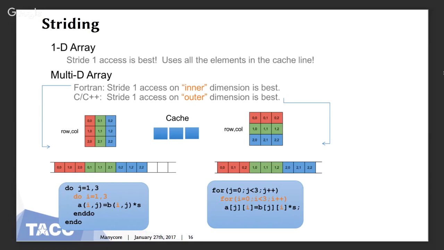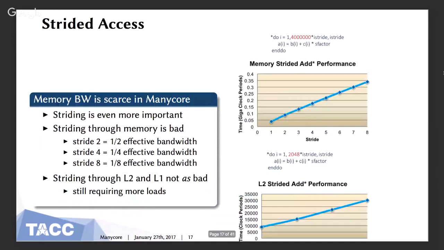This is something to really watch out for, especially in the case of multiprocessing, where memory bandwidth is such a scarce resource. You have so many cores making so many demands on the memory, you really want to be using the data that you pull in to your memory as effectively as possible.